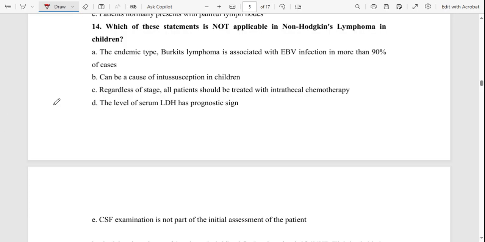D: The level of serum LDH is a prognostic sign. And then E is saying CSF examination is not part of the initial assessment. Any thought on this one?